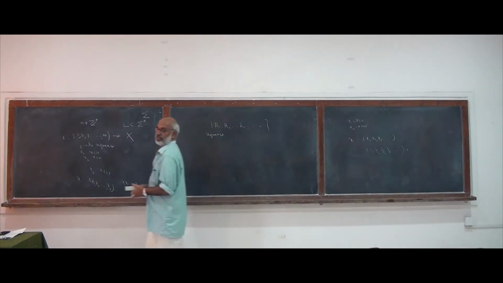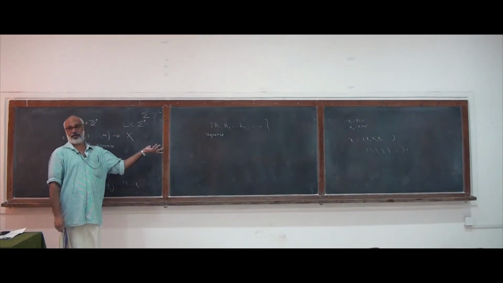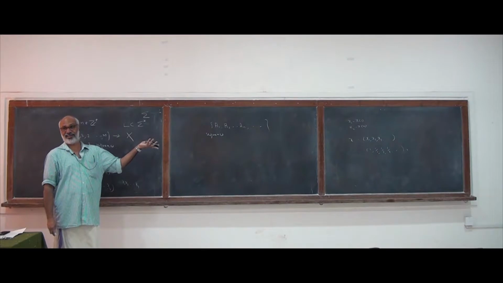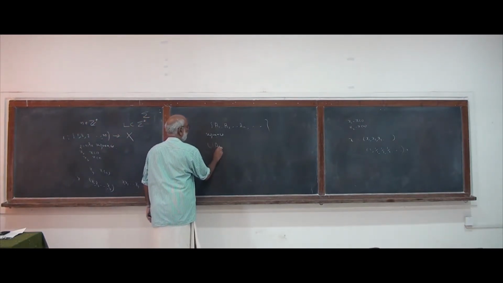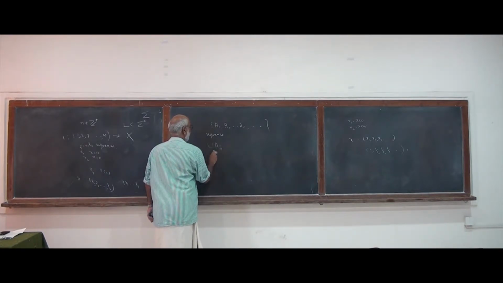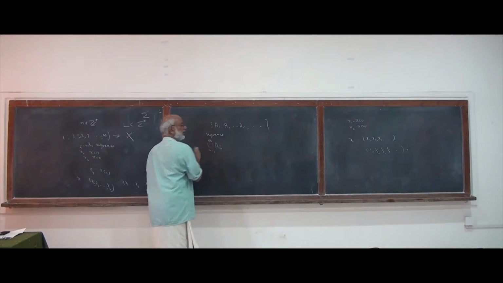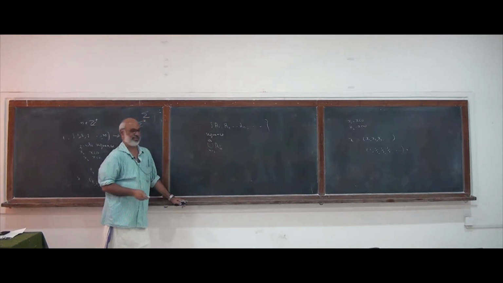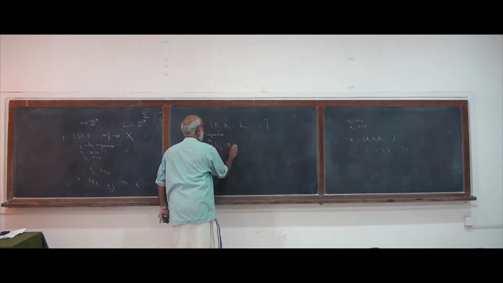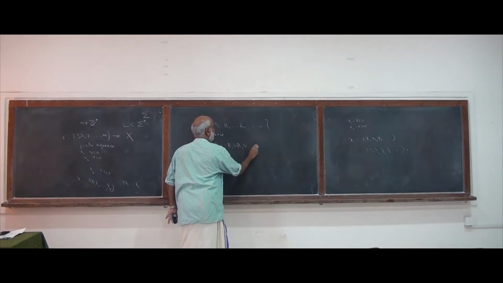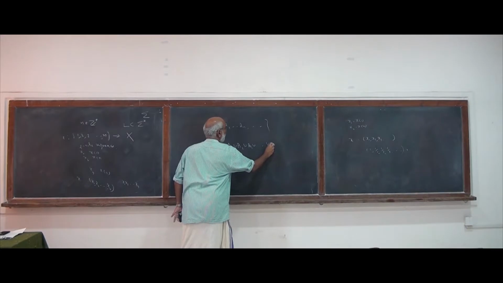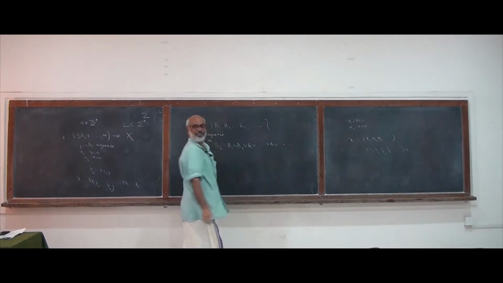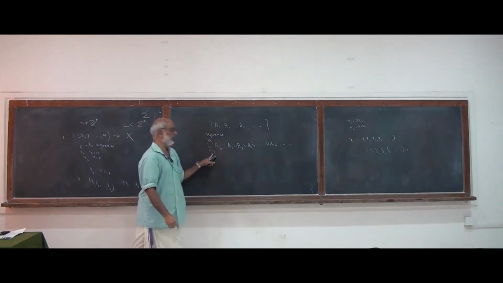Now, if you are given such a sequence of sets, we can define the union. In this case, we denote the union as union A n, where n varies from 1 to infinity. This is the notation. Rather than A1 union A2 union A3, etc. union An, instead of writing like this, you can write this.